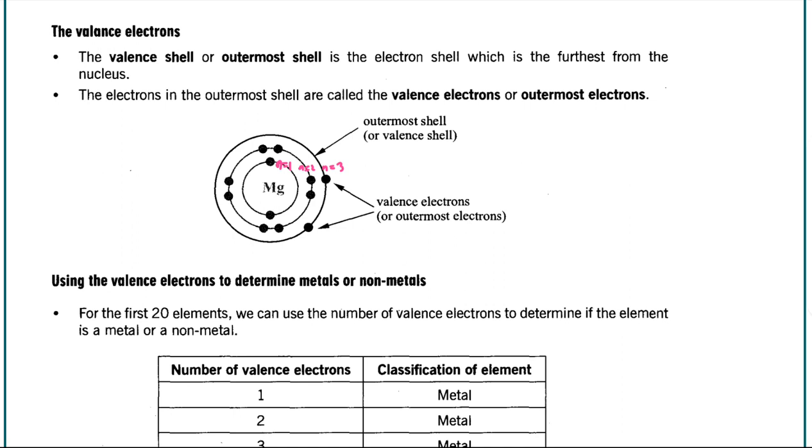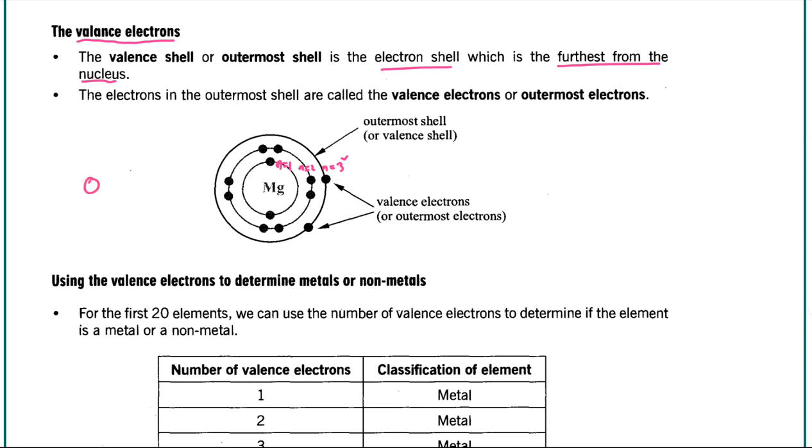So there is something called valence electrons. By using the first point, we say the valence shell, or outermost shell, is the electronic shell which is the furthest from the nucleus. So the furthest from the nucleus is n equals 3.